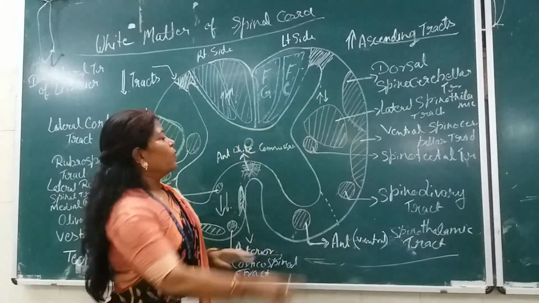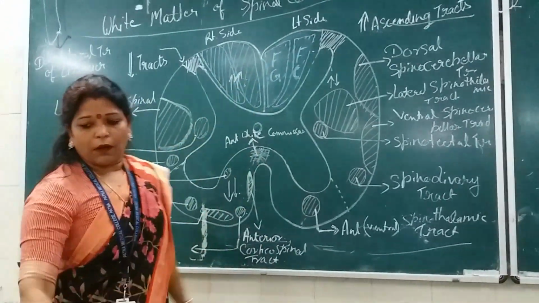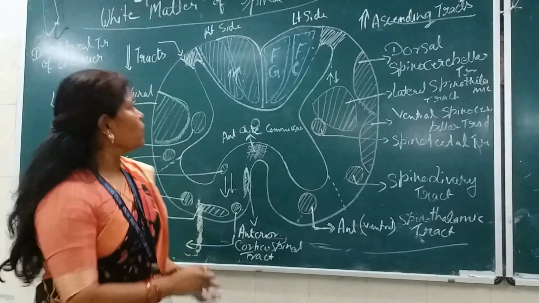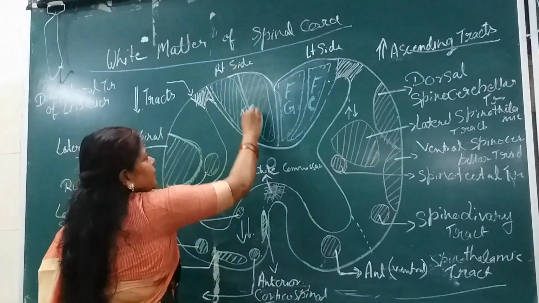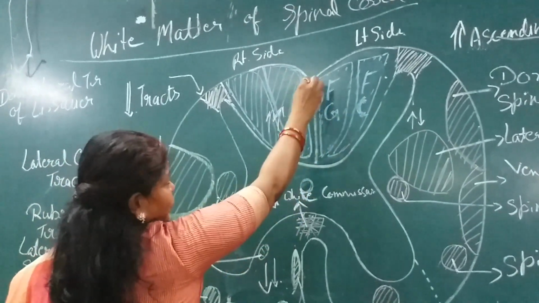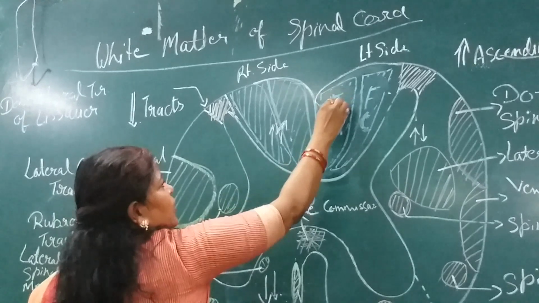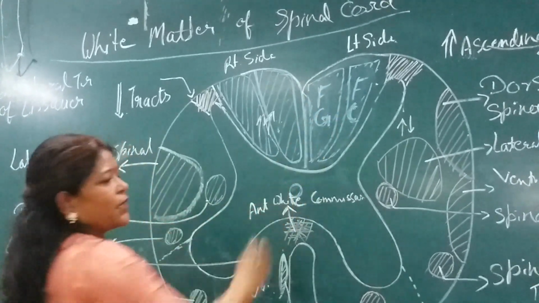Okay. Now, in the dorsal fasciculus, I have drawn the diagram here. All of you see, there are two components here. One is the medial one, towards the dorsal median septum. It is FG. I have written here FG. What is this FG?